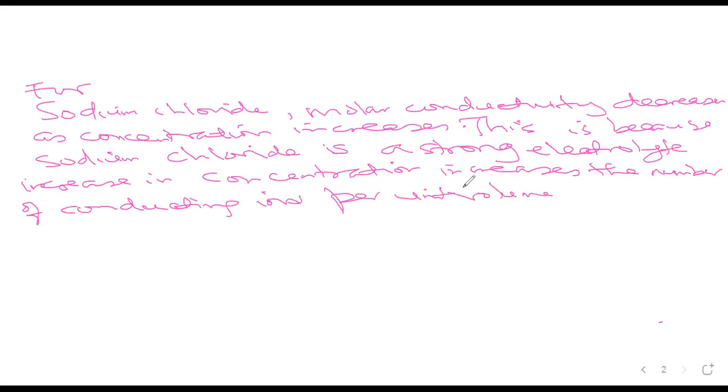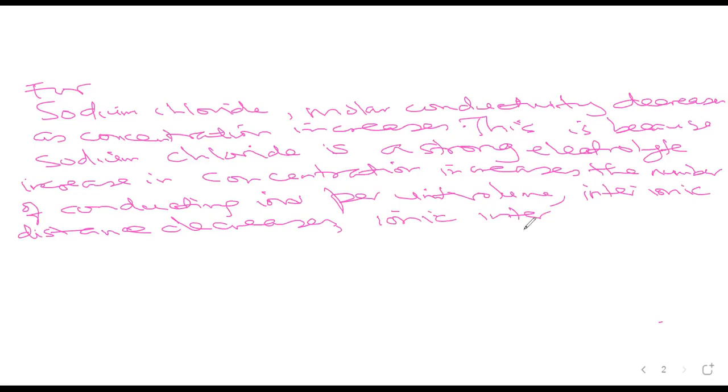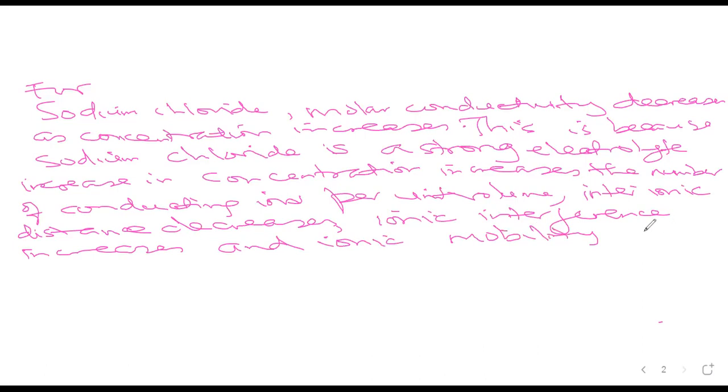So there are many conducting ions in a given volume. And that leads to what we call a decrease in interionic distance between ions. So interionic distance decreases. Ionic interference increases. And ionic mobility decreases.